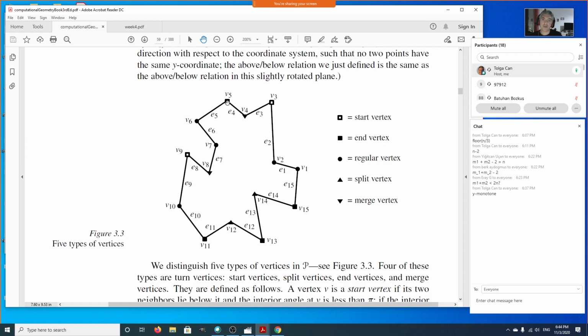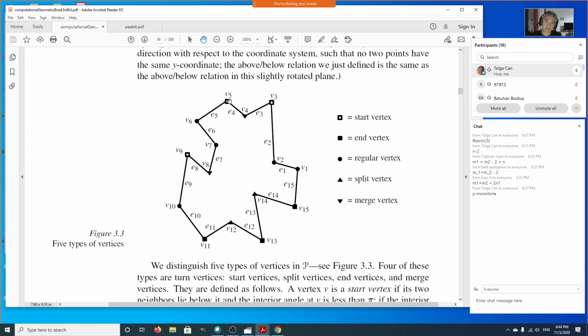So for example, look at V14. V14 and V5 share the same thing in terms of their neighbors. For V14, both neighbors are below V14.